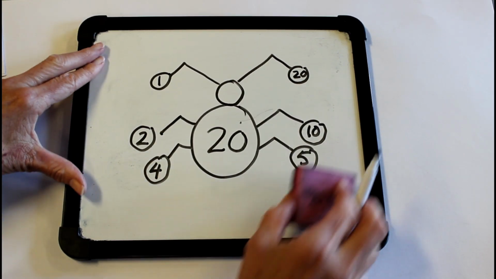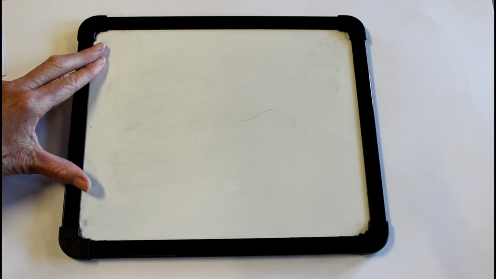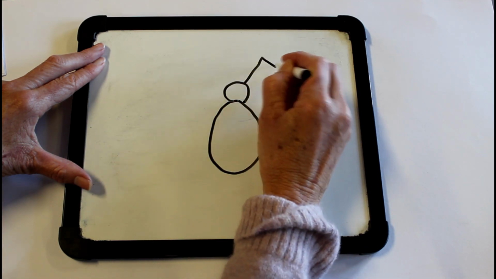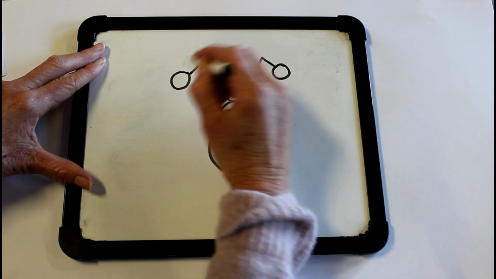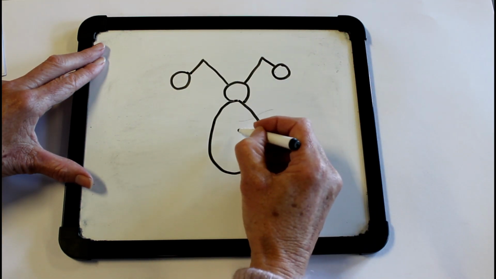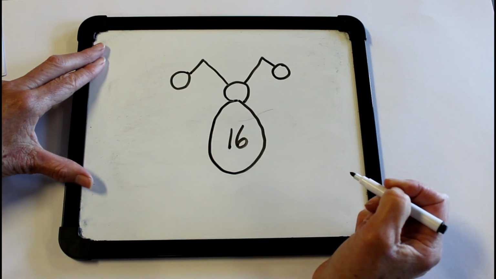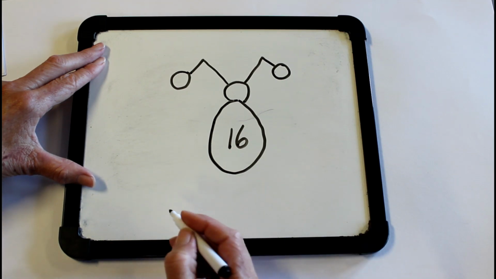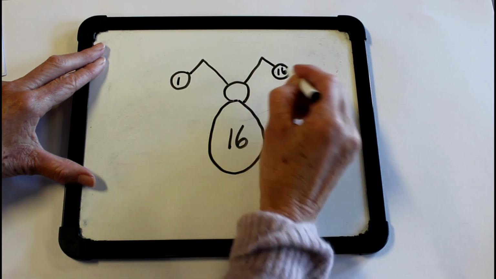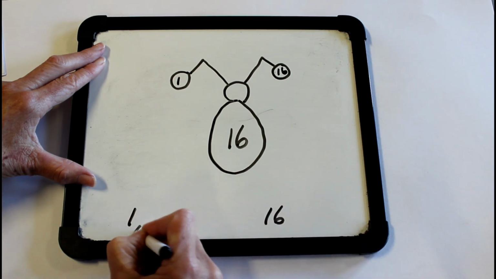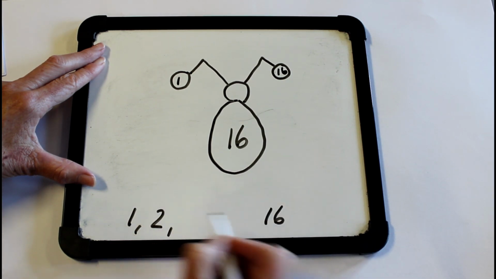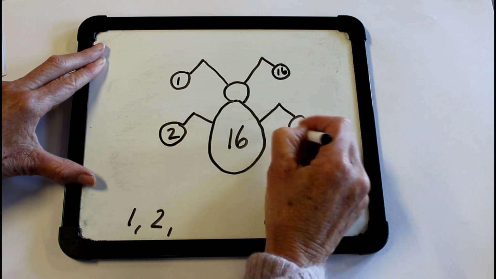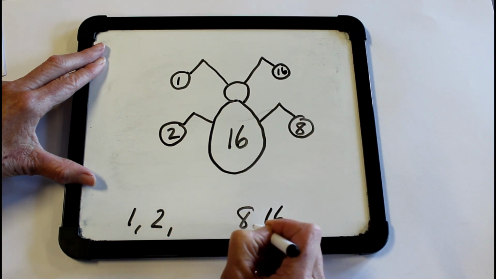We're going to have a look at another factor bug. We're going to look at a factor bug that has a tail. So I'm going to do the body again. I'm going to do a head. I'm going to do its antennae. And I'm going to put in here the number 16. Let's write down what we think we can do. Well, we definitely can do 1 and 16. So I'm going to write 1 and 16 here. Is there something that times with 2 to make 16? Yes, I know that 2 and 8 make 16.